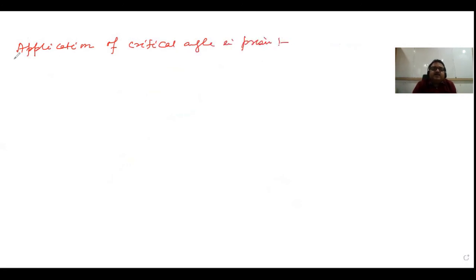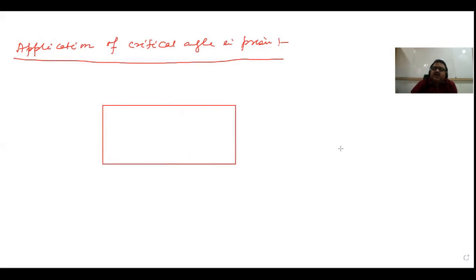Before we proceed further, let me show you one example related to this. For example, a picture is given like this to you, and there are 3 rays going like this.